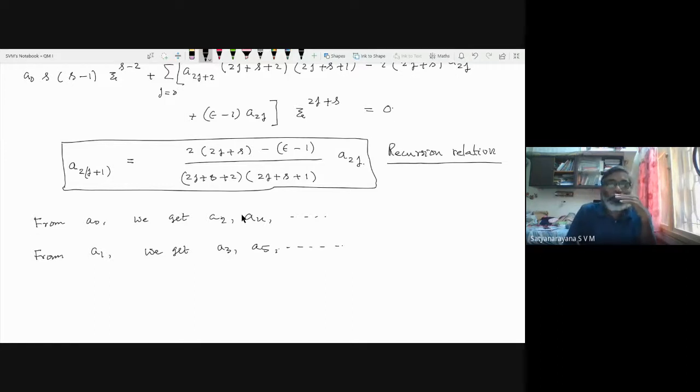Okay, so if 2j is equal to 1, of course, it is the same, but then you simply put s equal to 1 here and correspondingly multiply with xi. Okay, so this recurrence relation is fine.